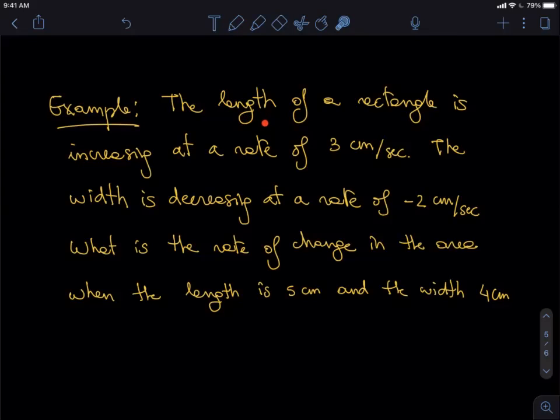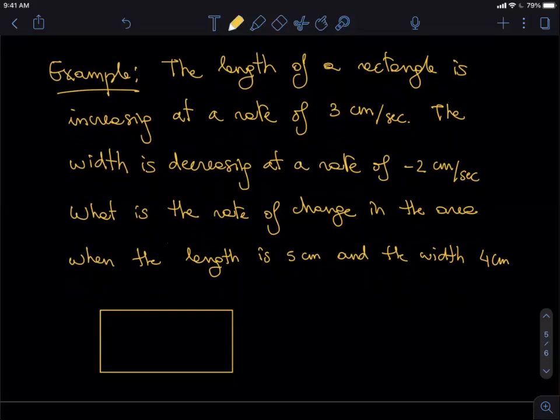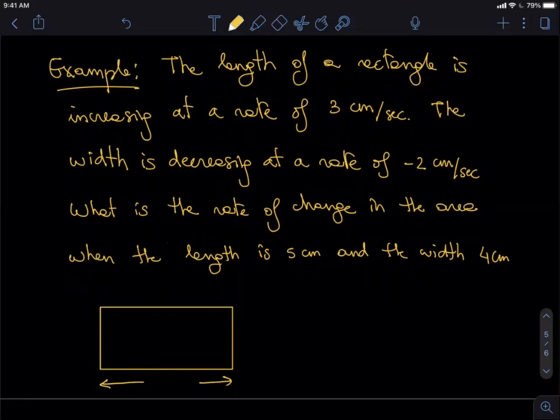So we have a rectangle whose length is increasing at a rate of 3 centimeters per second. Okay, so here we have the rectangle and we have the length that is increasing. Okay, and it also says that the width is decreasing at a rate of negative 2 centimeters per second.